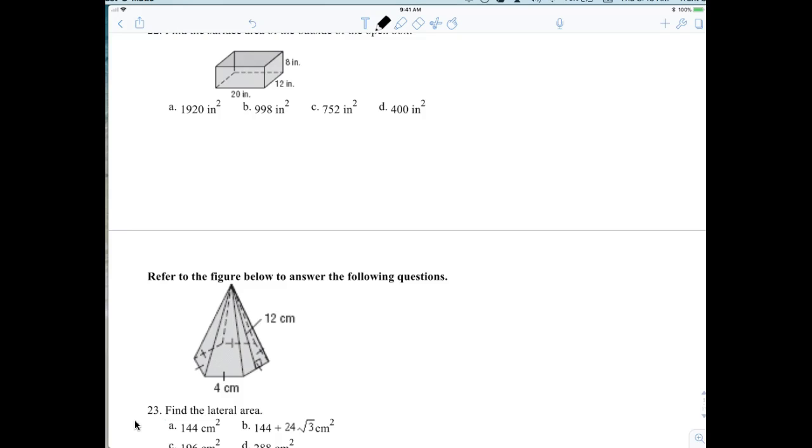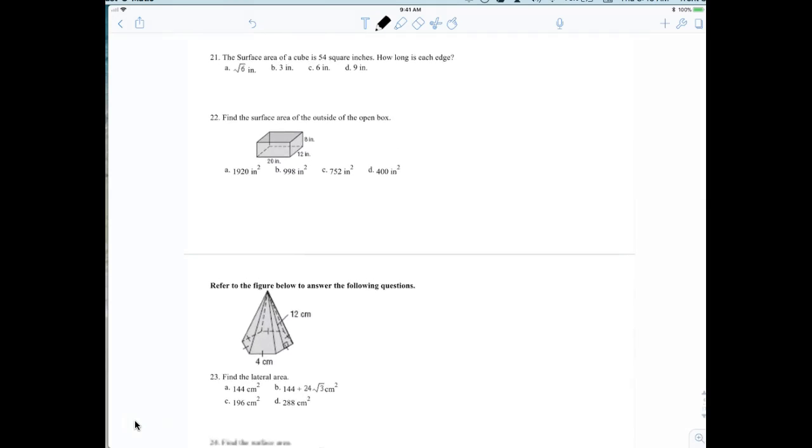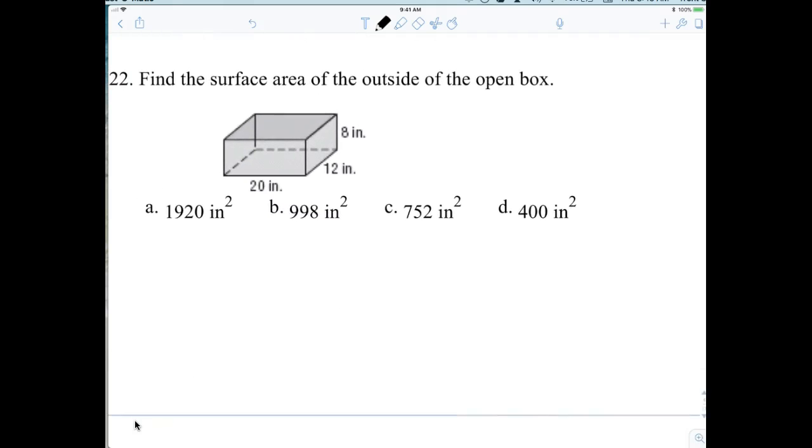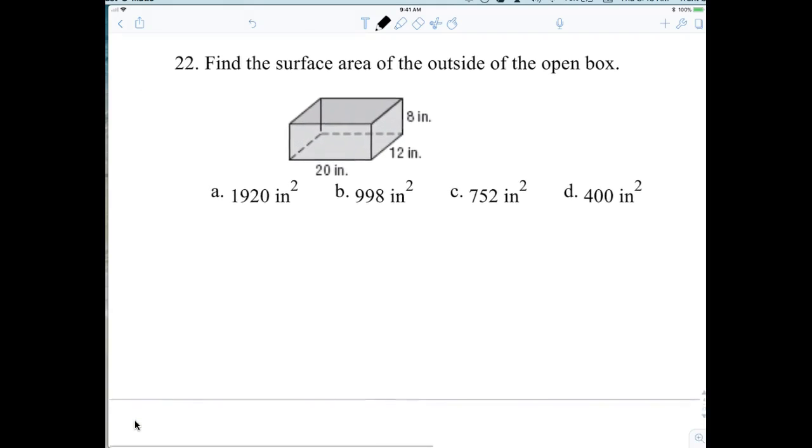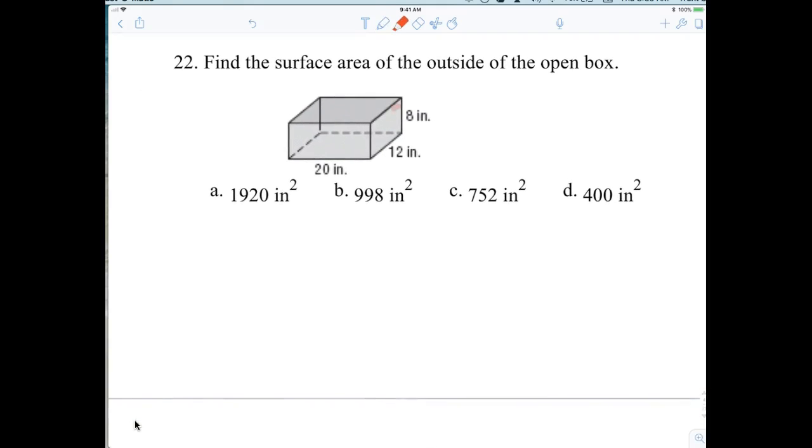So the formula for finding that would be, now listen, the lateral area, if you look here on this figure, would be the 4 walls. The surface area would include the 4 walls.